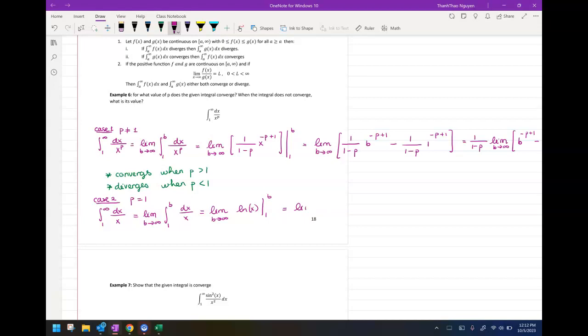This is the limit of ln of b minus ln of 1, and when p equals 1, this goes to infinity.